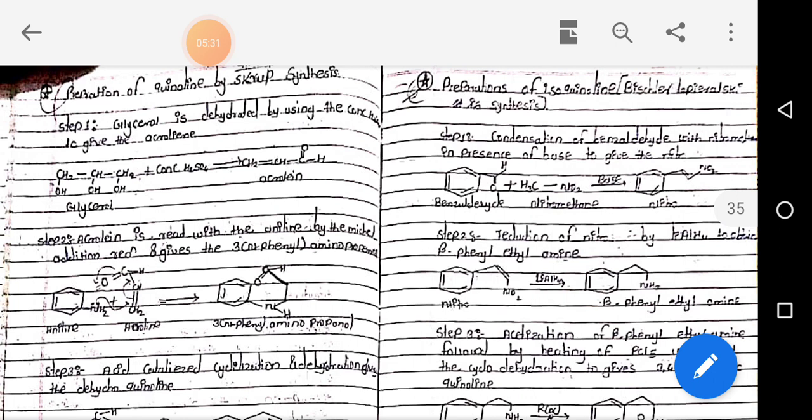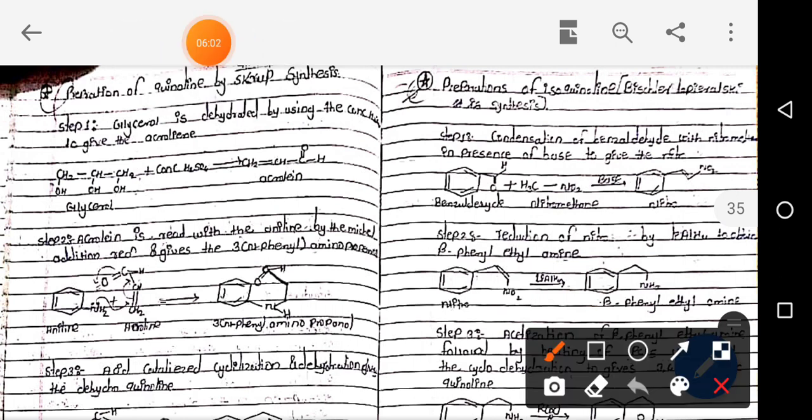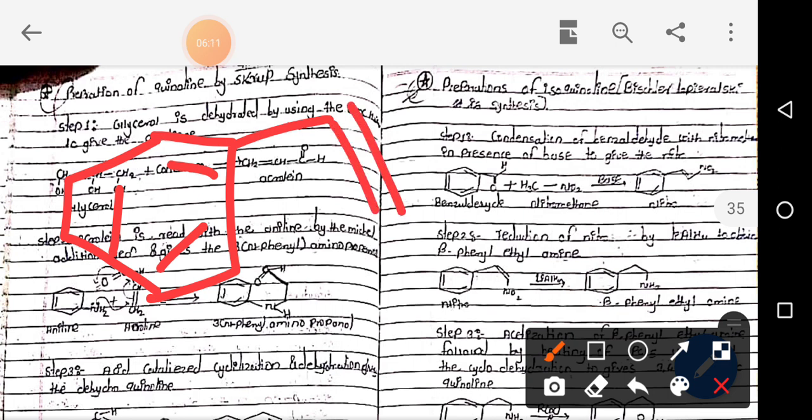Now in the second step, reduction of the nitro group takes place and forms beta phenyl ethyl amine. The reduction is of the NO2 group.